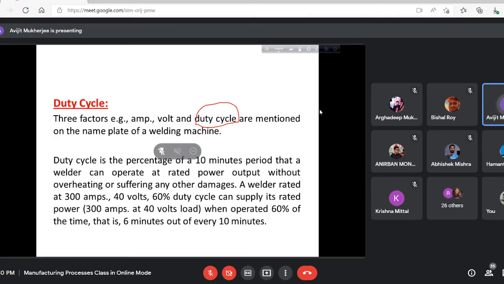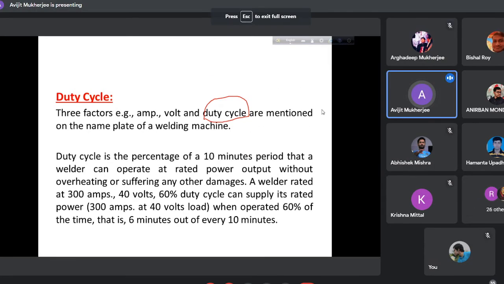But a welder can't weld continually for 2 hours. Never. His eye will be fatigued, his hands will be fatigued. So here a concept of duty cycle has been introduced.